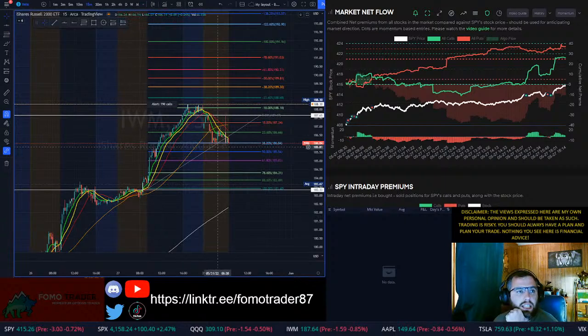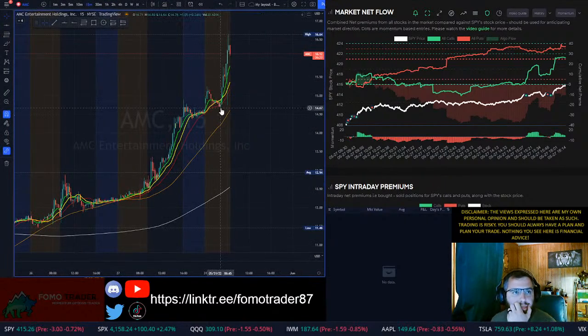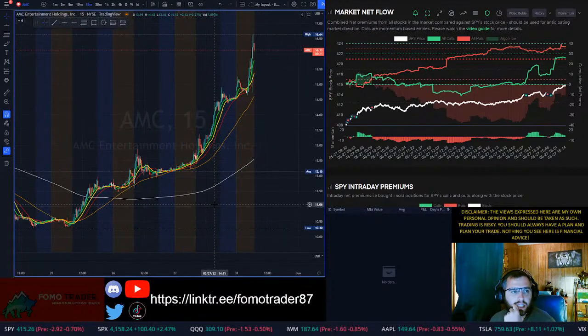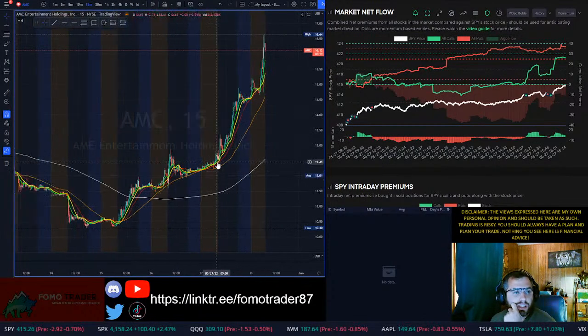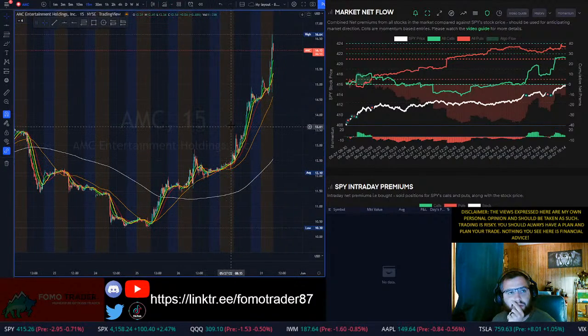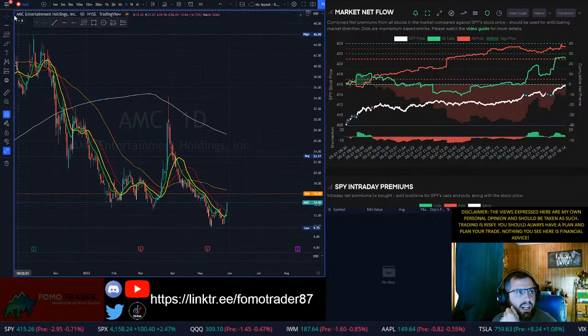And AMC, which is an ape's world. Beautiful chart. I mean, it's crazy what the apes can do when they get a hold of something. So looking at this chart from the daily time frame, when in doubt, zoom out.